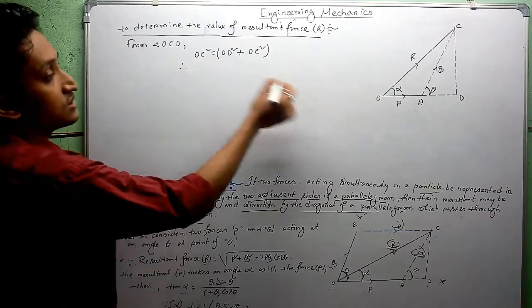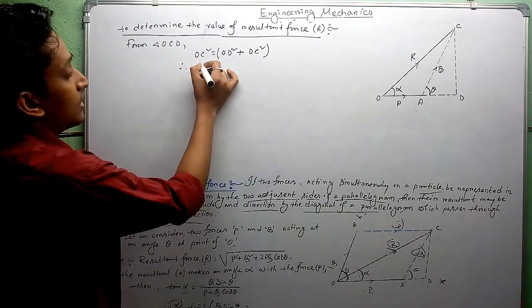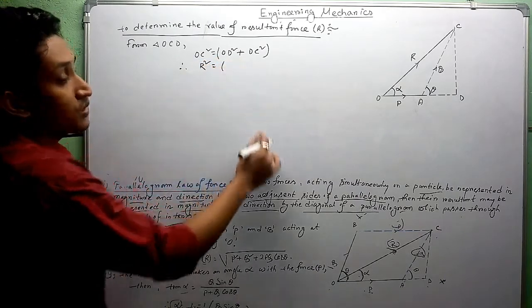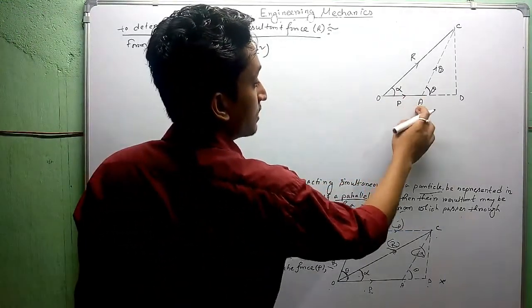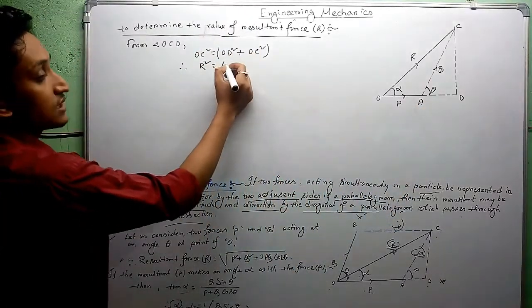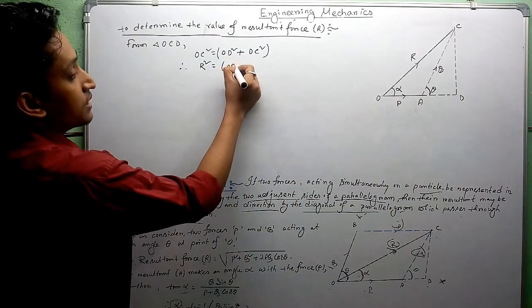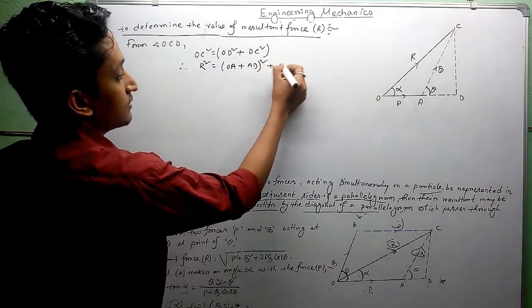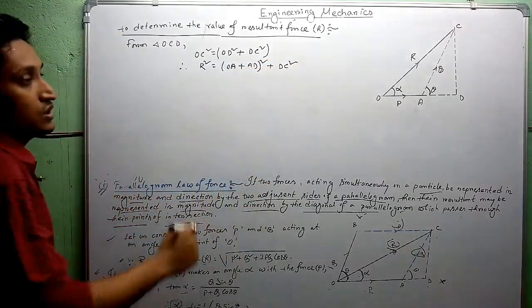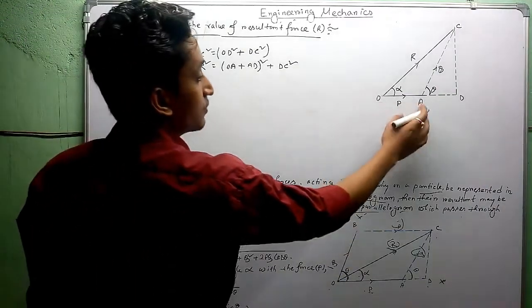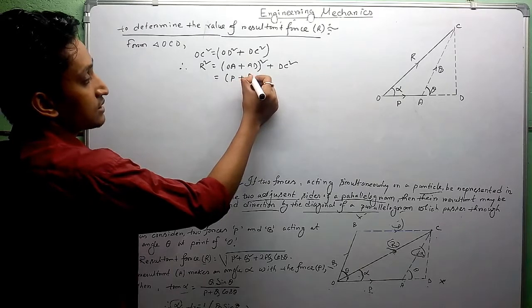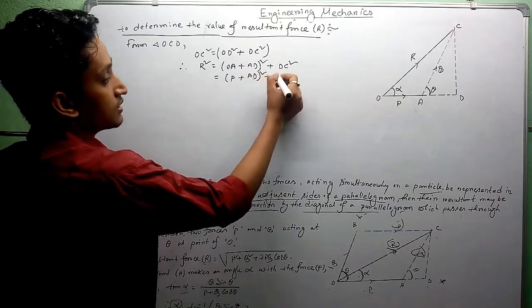OC is R, so R square is equal to OD square plus DC square. OD means OA plus AD, and OA is P. So R square is equal to P plus AD whole square plus DC square.